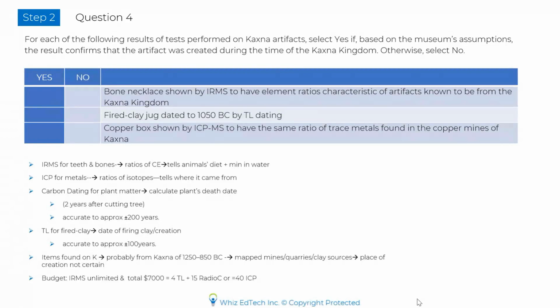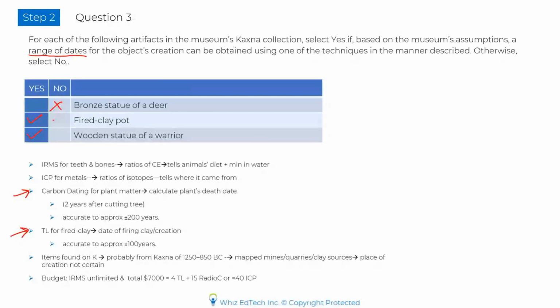So Ken, wooden statue is basically plant matter. So wooden statue is made of wood. Therefore, I can get a range of date for its creation. If you look at the data here, I'll just take you back to the previous question. See, wooden statue means plant matter.